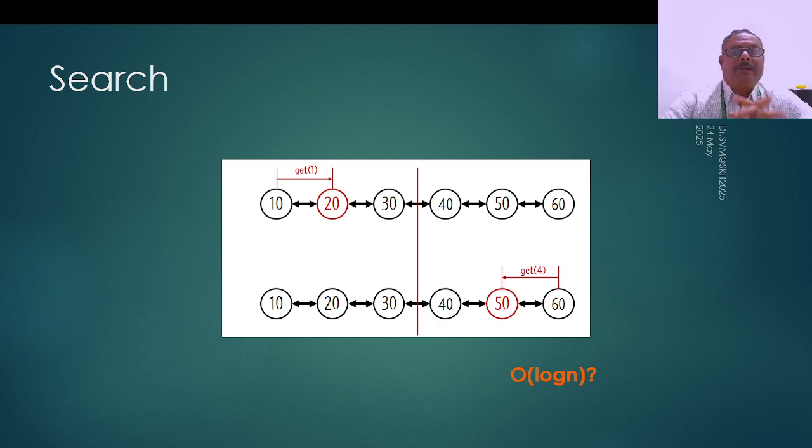Somebody claims that when we are working with a bidirectional thing, a doubly linked list, is it possible to start searching from both the ends? So we start searching from the front as well as from the tail. From the head we start searching, from the tail we start searching.